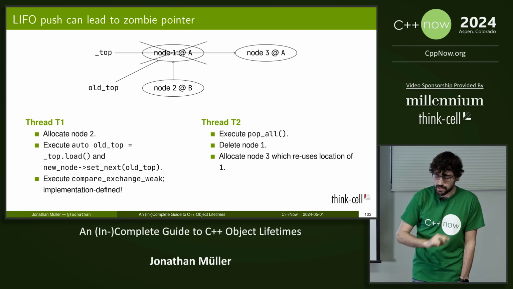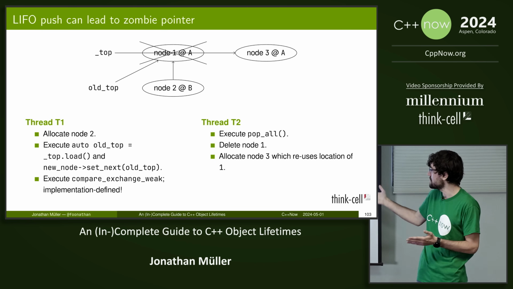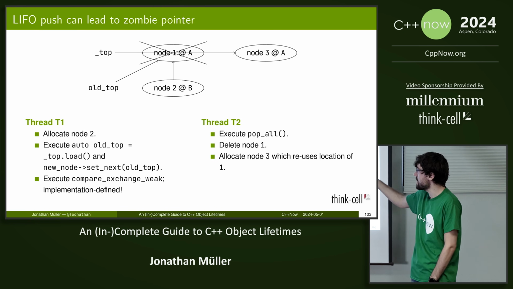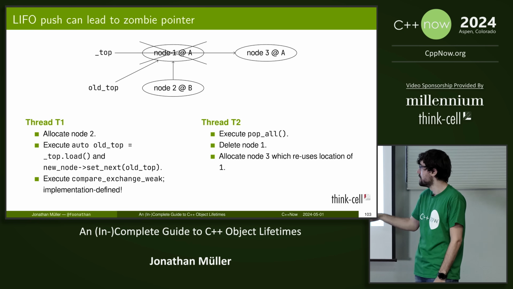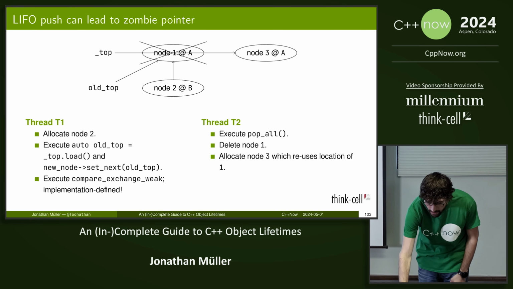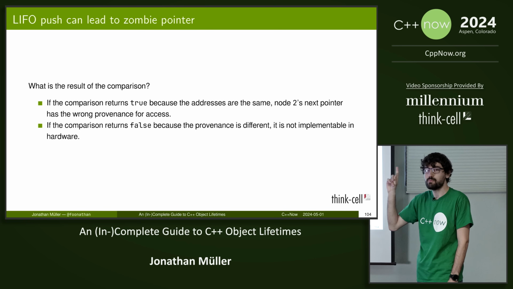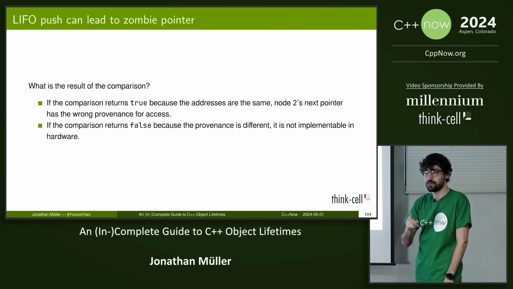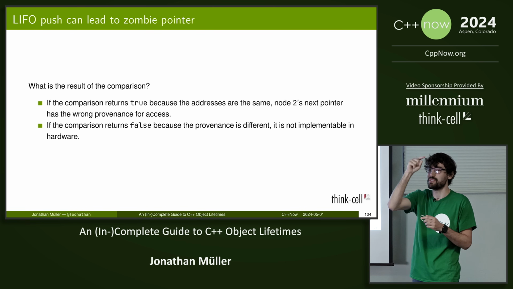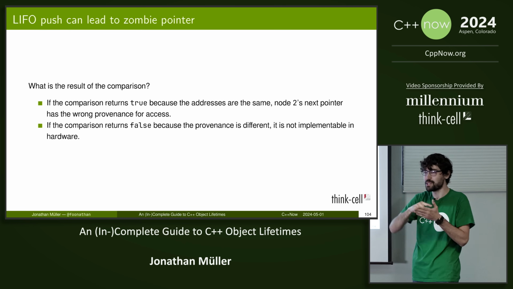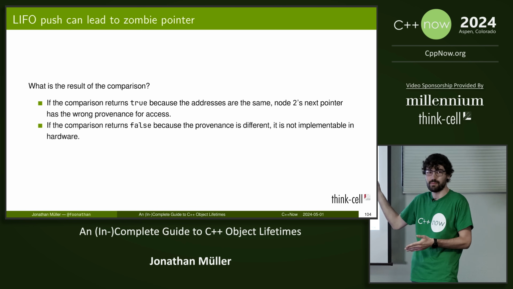But this time the consequence is more subtle, because let's say compare exchange weak in this case either has to return true or false or can trap. But what should it return? If the comparison returns true, we've got invalid provenance in the next pointer of node 2, because it points to the provenance of the deallocated object, right? So we can no longer use the stack because we just got a wrong pointer in the beginning.